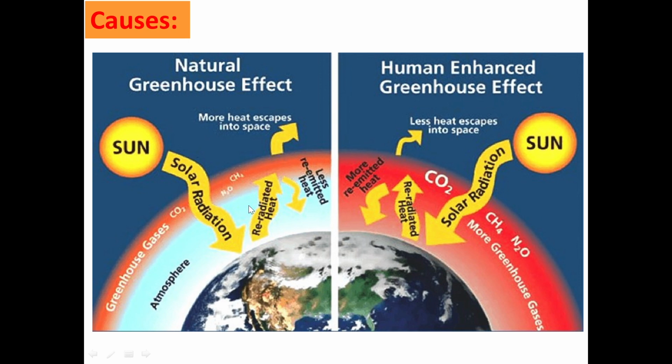When it is re-radiated to the atmosphere, some of the gases, called greenhouse gases, carbon dioxide, nitrous oxide, methane, have the tendency, specifically carbon dioxide, which has a bipolar structure, to capture that re-radiated heat and transfer it again to the lower atmosphere of the earth's surface.